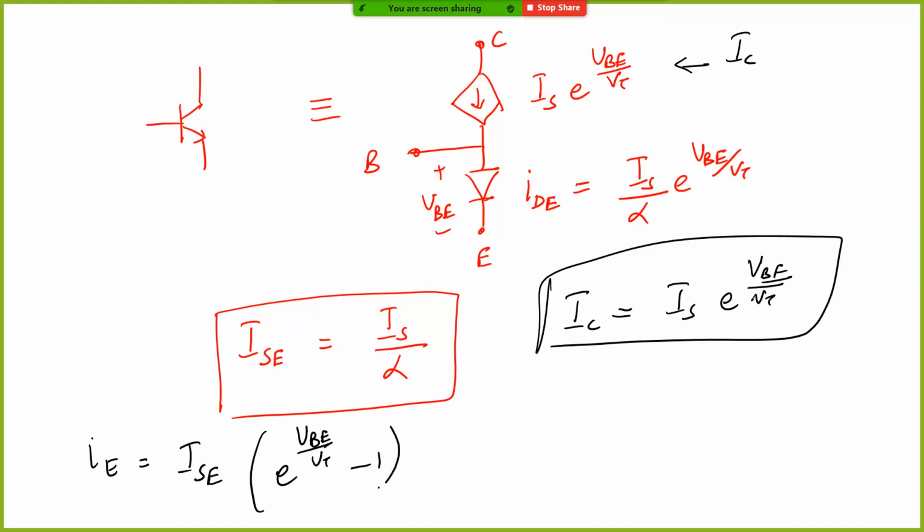You'll usually have that minus 1 factor, but the approximation makes you neglect the minus 1 factor. But usually the collector current is of more interest in circuit design, and that's why, instead of having all these other factors coming in, we just put one IS. Anyway, it's some proportionality constant which has been scaled to accommodate the alpha factor. Okay. All right. Is it clear?